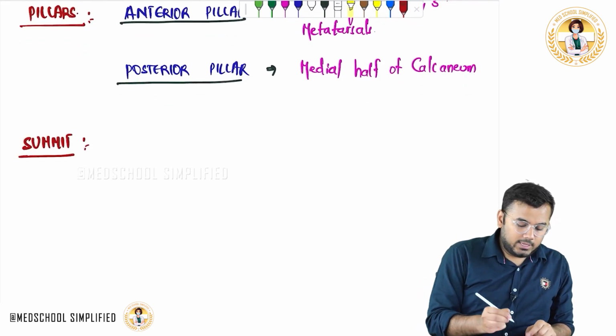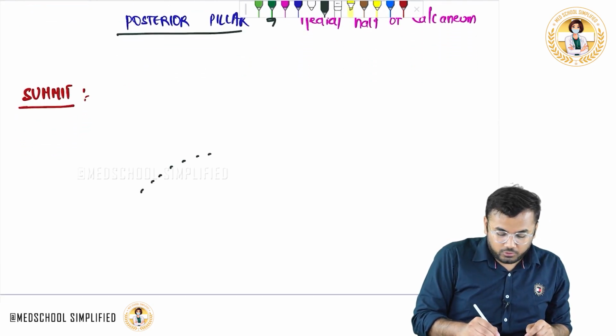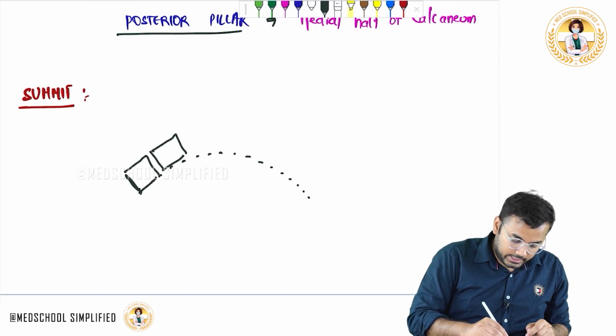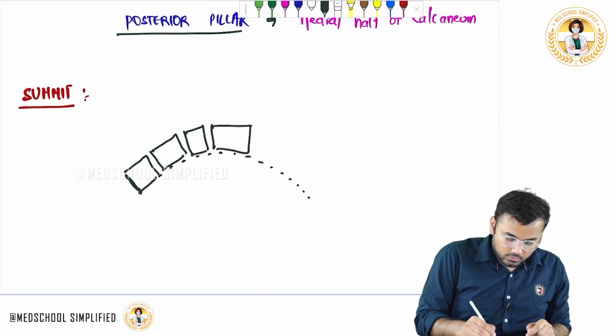When I explain this summit, again I will draw the same picture which I drew before. This is one bone, second bone, third bone, fourth, fifth, as well as sixth.